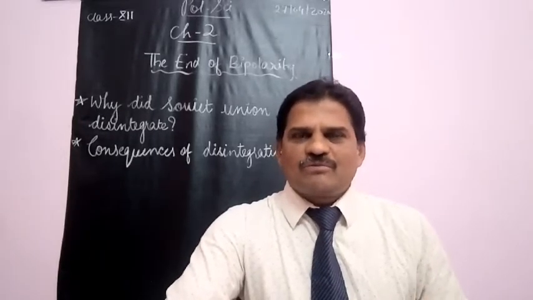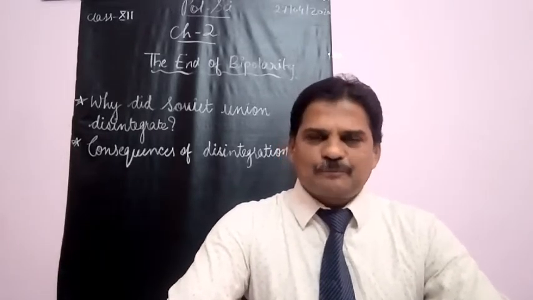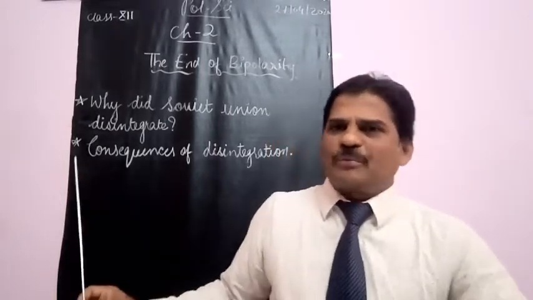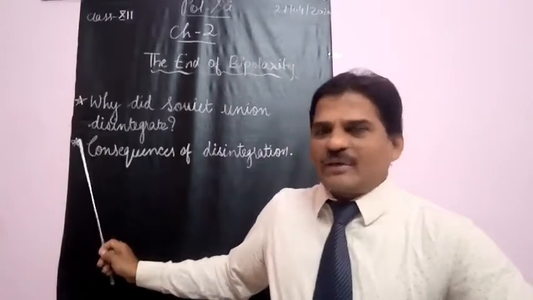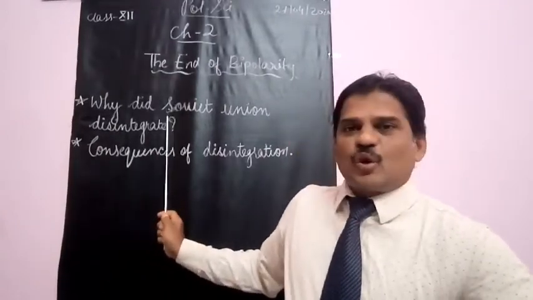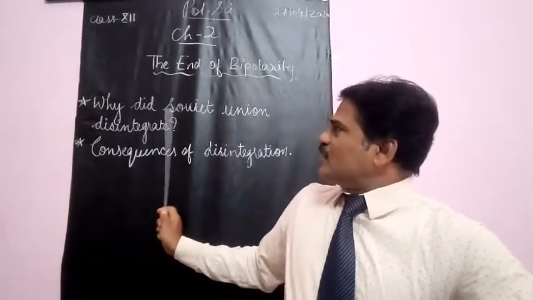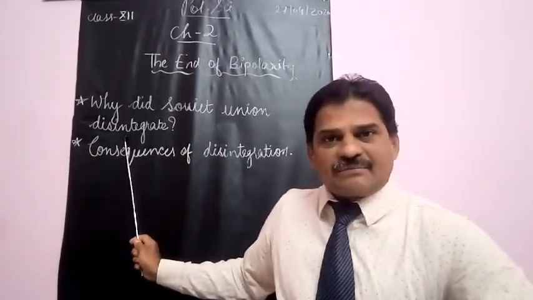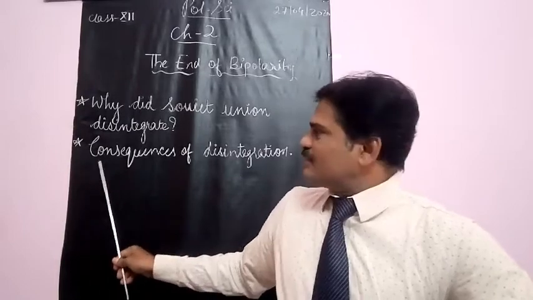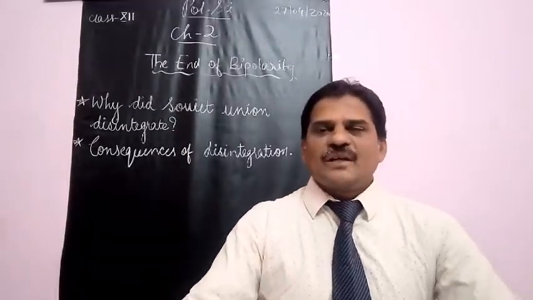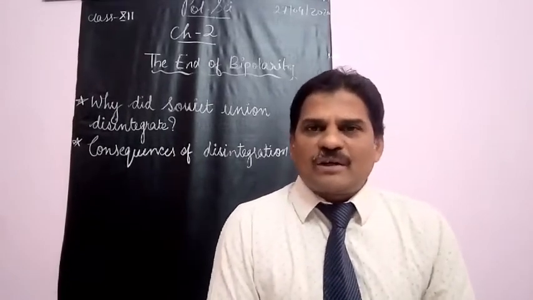So from this book, chapter 2, end of bipolarity, under this chapter today we are going to cover the following two topics. The first one is, why did Soviet Union disintegrate? And our second topic is consequences of disintegration. So these two topics we are going to cover today.